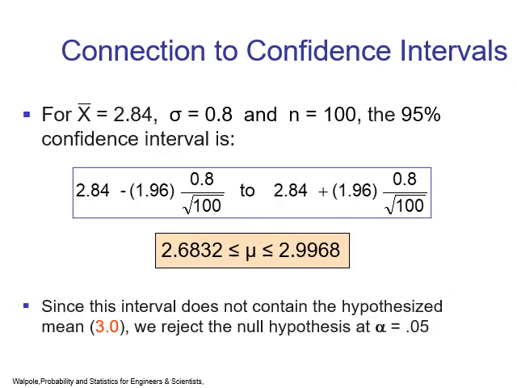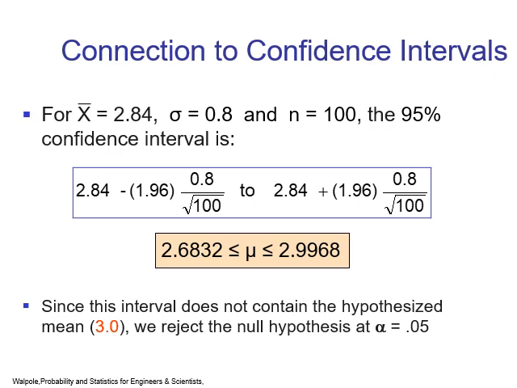So what is the connection to the confidence intervals? For the mean equals 2.84, variance of 0.8, and n equals 100, the 95% confidence interval will be between 2.6832 and 2.9968.